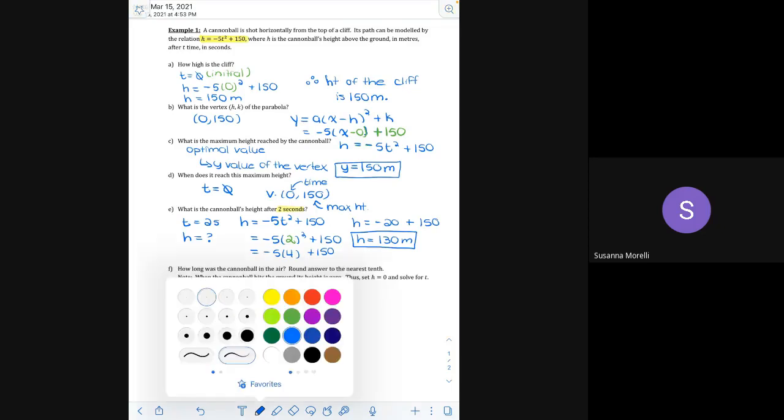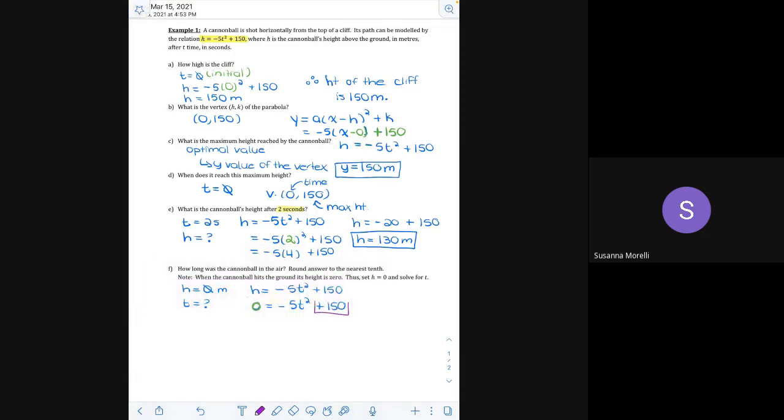So again, we're going to bring the 150 over the equal sign. So it's going to change its sign. So it becomes -150. Okay, divide both sides by -5. Okay, so -150 divided by -5 is 30.